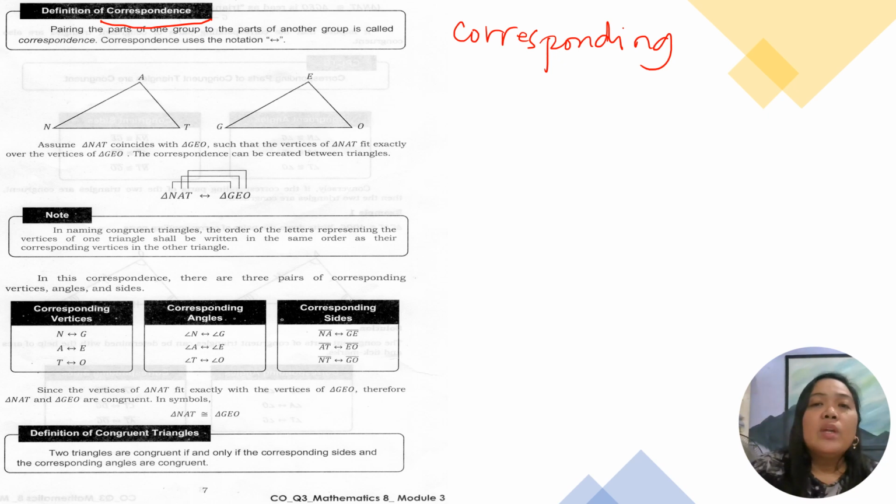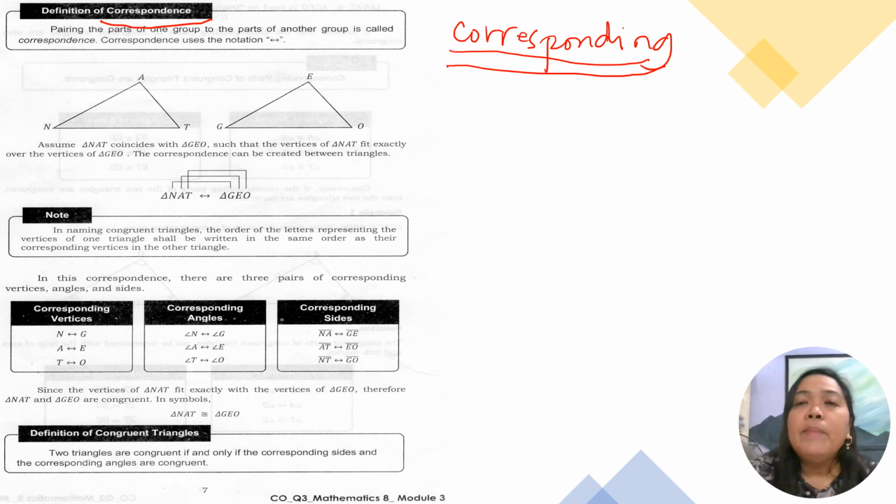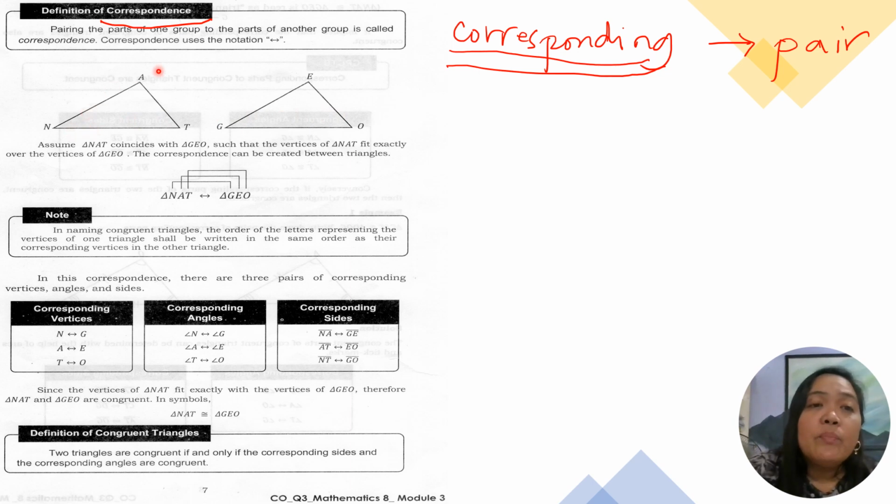It means to say corresponding parts means pair. Okay? The corresponding parts of one triangle to the corresponding parts of another triangle means that you have to pair the parts and call them corresponding parts.